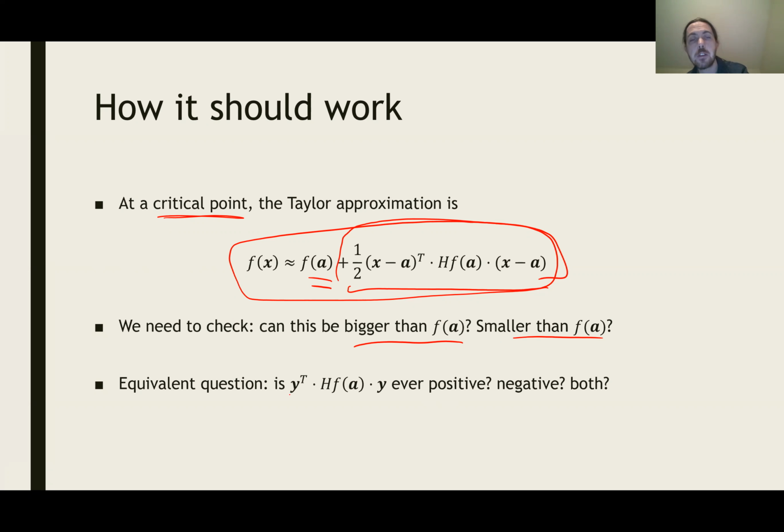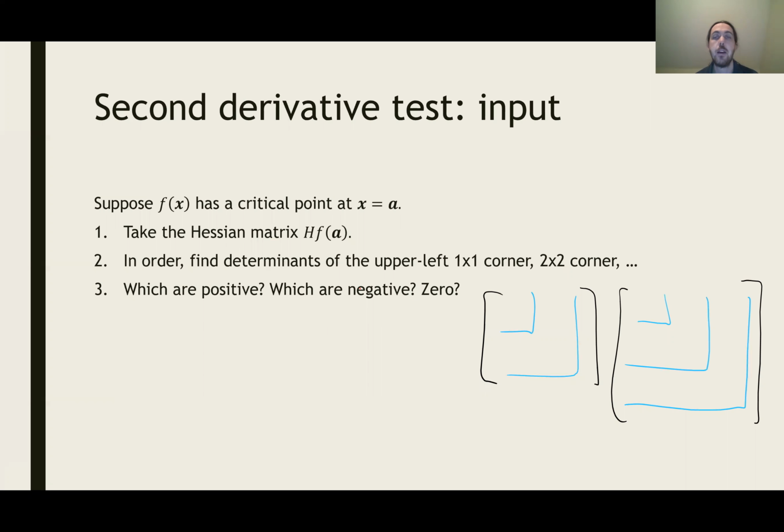And that's equivalent to the question, is it possible that this contribution on the right-hand side, something transposed times the Hessian times something, could that ever be positive or negative? Could it be both? Is it always going to be 0? What happens? And so here's how the second derivative test works. What we do is we take the Hessian matrix. We have to calculate the Hessian matrix at our critical point.